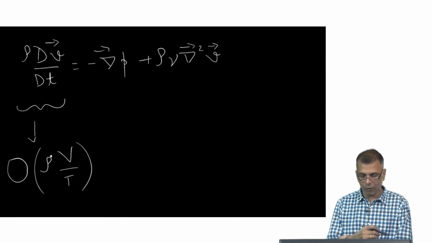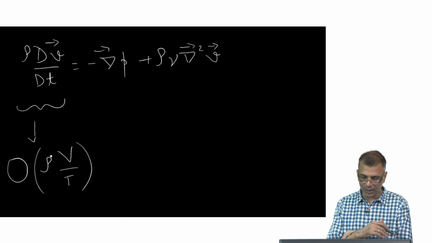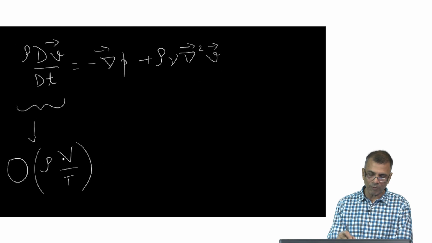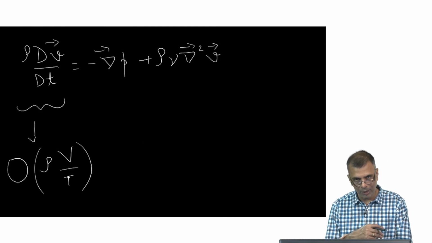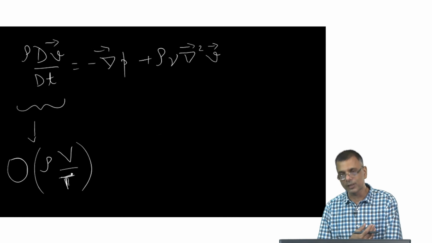Whatever the dimensions of rho are, grams per centimeter cube, I keep that as it is. Now this dv/dt is some kind of velocity divided by some kind of time. I realize it's a little vague. What do you mean, some kind of velocity? A representative velocity.